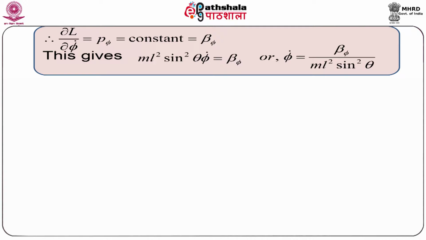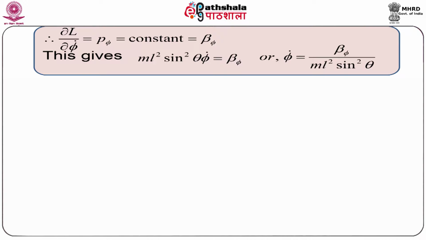Clearly, in the expression of L, phi is absent, but phi dot is present. So, phi is a cyclic coordinate. Therefore, del L del phi dot equal to P phi equal to constant.